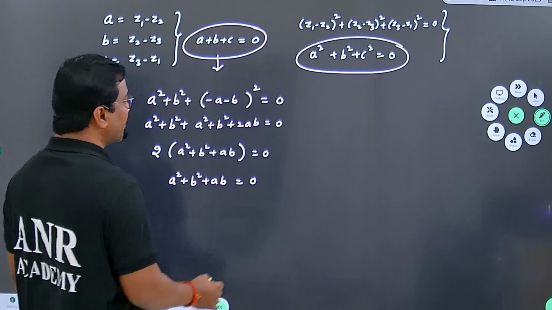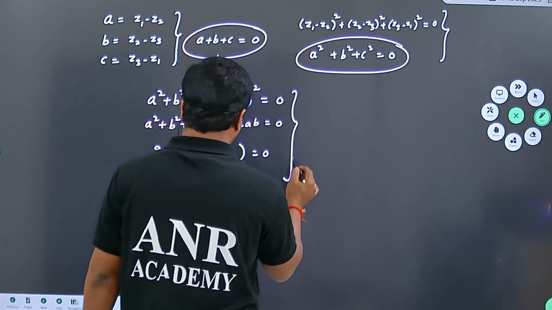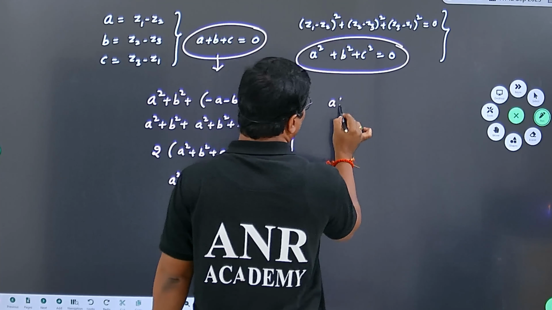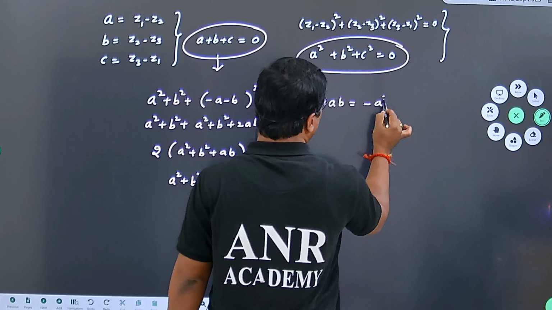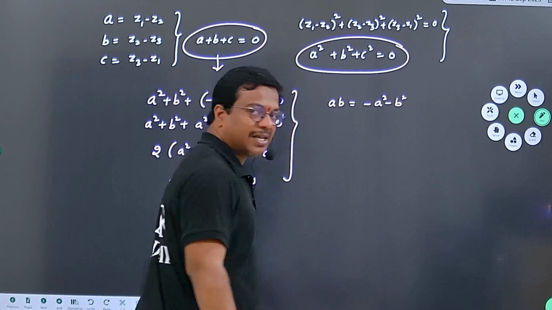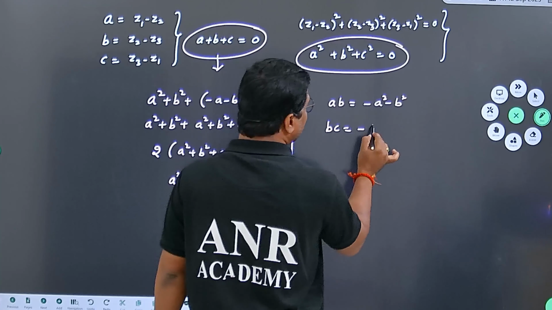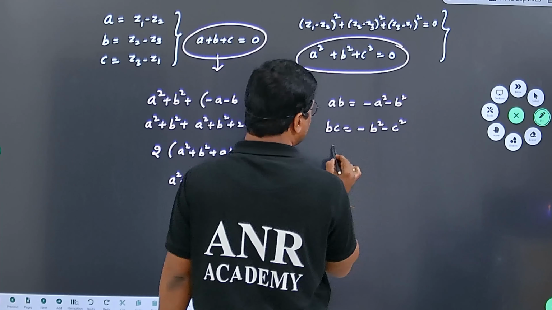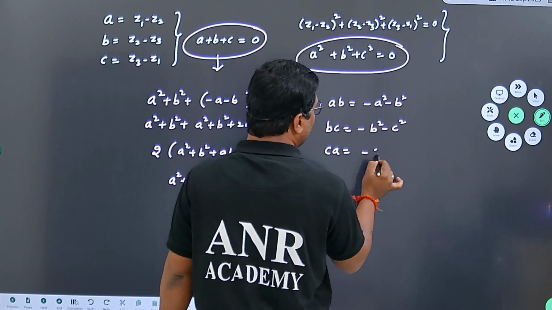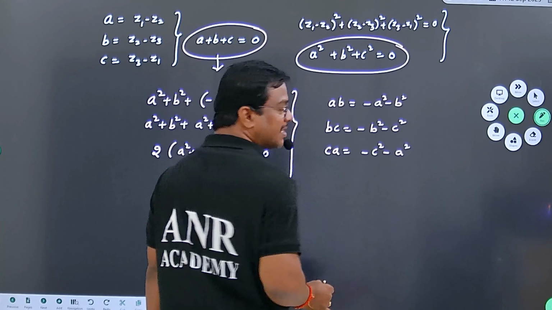Now from this you can write the value of ab equal to minus a square minus b square, and similarly you can prove the value of bc as minus b square minus c square, and the value of ca as minus c square minus a square.